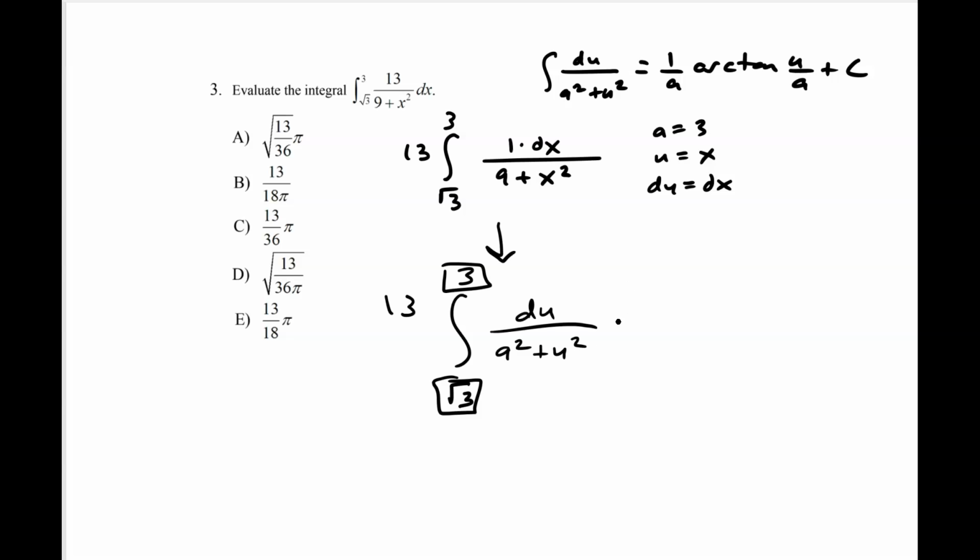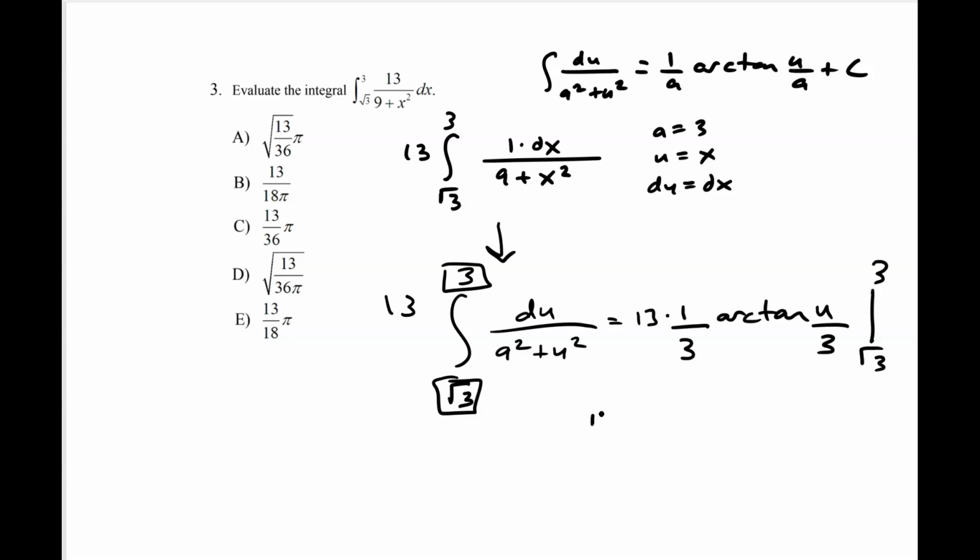And then, according to our formula, that will lead us to 13 times 1 over a, and I can actually fill in what my a is now, times the arctan of u over a, where u is going from 3 down to square root of 3.